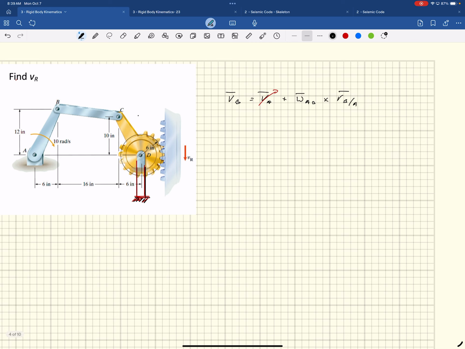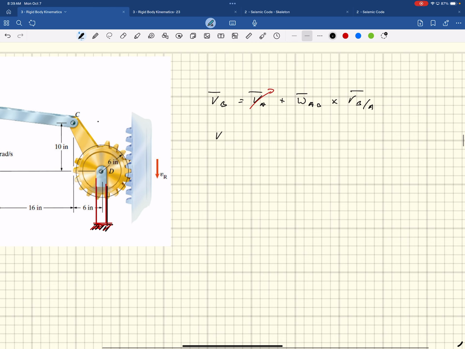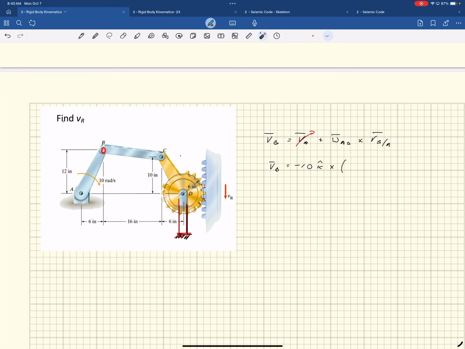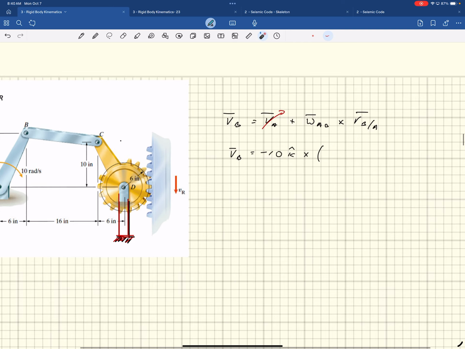So VB is equal to negative 10 in the K, and I'm going to cross that with, right, I'm going to B from A, so it's this vector here, which is going 6 in the I and 12 in the J. This would be 6 in the I plus 12 in the J.